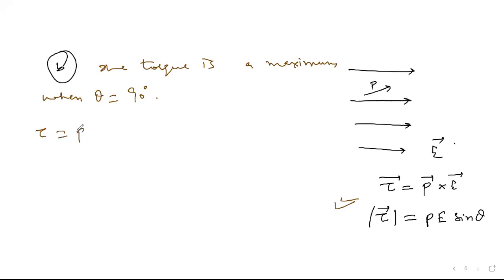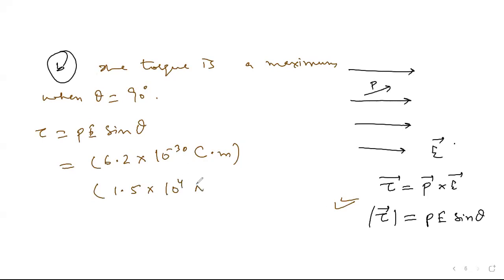So substituting the values in this expression, the magnitude of torque is PE sine theta. P is given, 6.2 into 10 raised to the power minus 30 coulomb meter, times the external electric field, which is given as 1.5 into 10 raised to the power 4 newton per coulomb, times the sine of 90 degrees, which is 1.